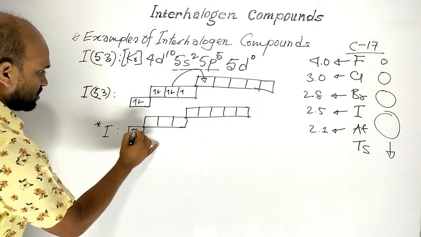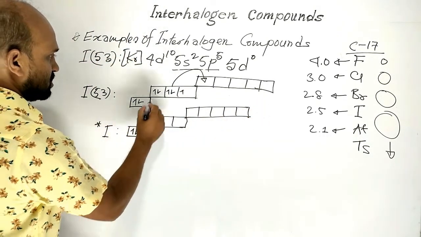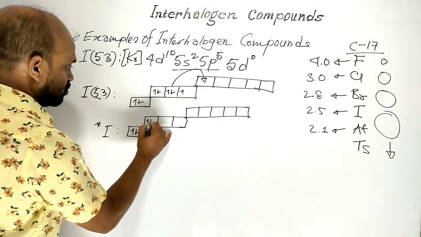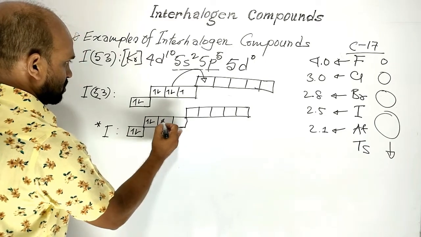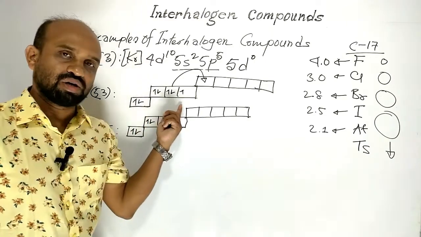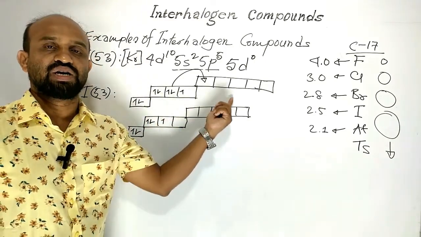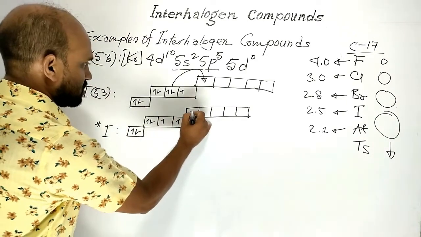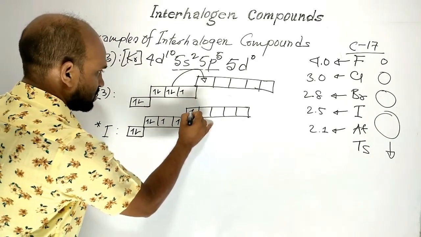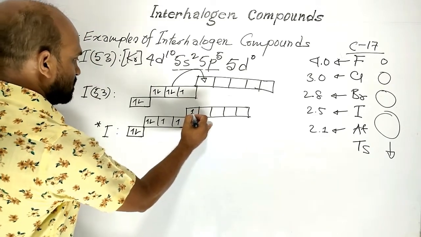The s orbital contains 2 electrons, px 2 electrons, py now 1 electron because 1 electron shifted to the vacant d orbital. Here 1 electron, now the d orbital contains 1 electron.